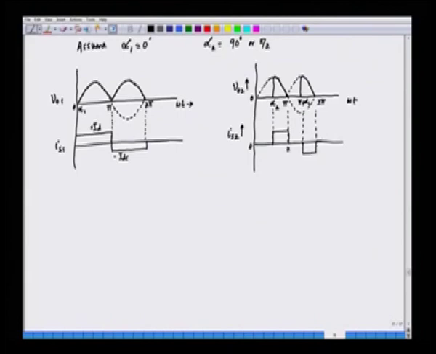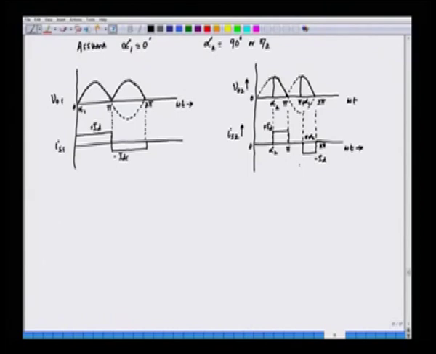So, this is pi and this is 2 pi, this is alpha 2 and this is pi plus alpha 2, and this is plus ID and this is minus ID.